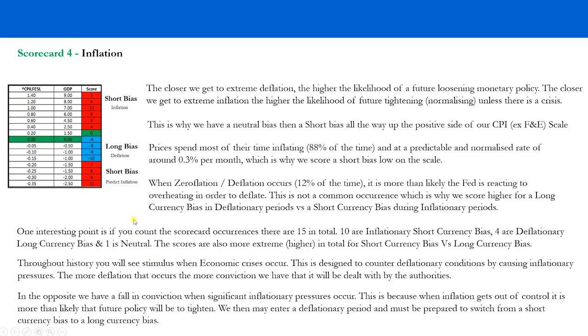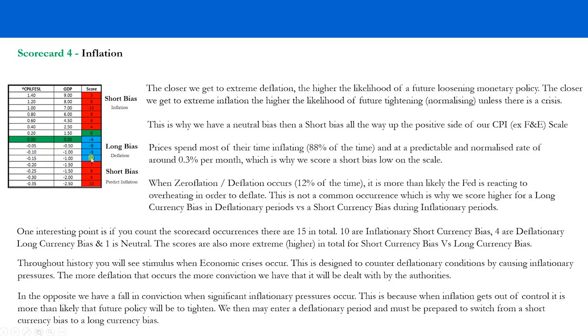Throughout history, what you will see in the United States is stimulus when economic crises occur. And this is obviously designed to counter deflationary conditions by the Fed by causing inflationary pressures. The more deflation that occurs on our sliding scale, we end up having more conviction that it will be dealt with by the authorities.